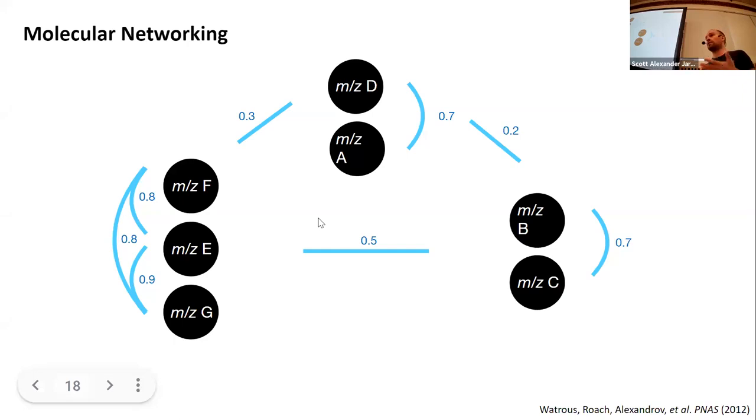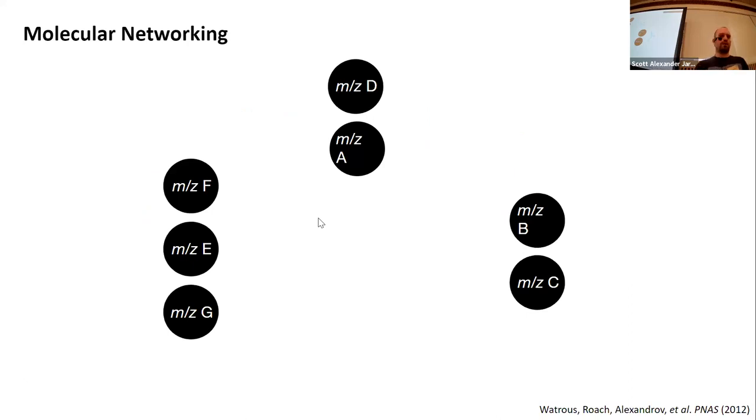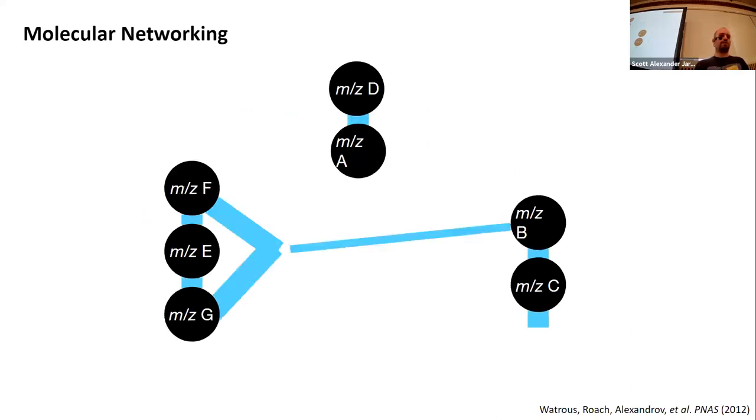And then we can annotate eventually some of those molecules as level 2 IDs, so putative annotations. Now what we can do with the molecular networks is propagate this annotation throughout the network.